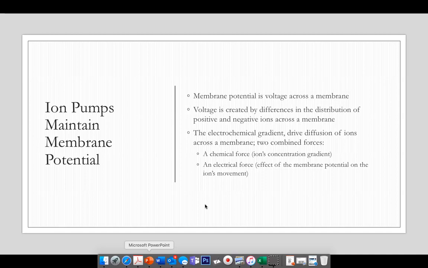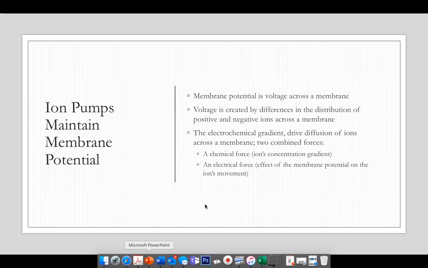So how many cations, which are positive ions, versus anions, which are negative ions, is created by a difference in the distribution of those ions across that membrane, which is going to create what's known as an electrochemical gradient. And the electrochemical gradient is the combined forces of the ion concentration and an electrical force, which is the effect of membrane potential on the ion's movement.